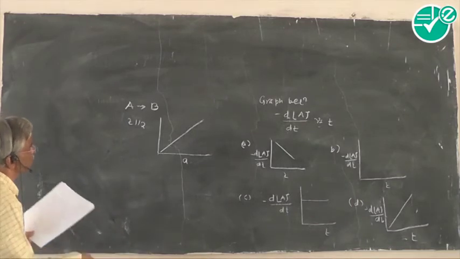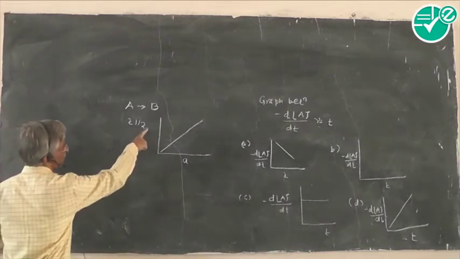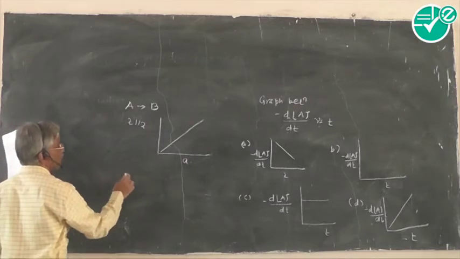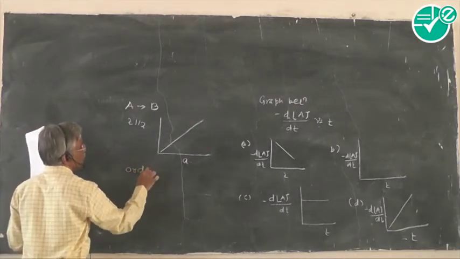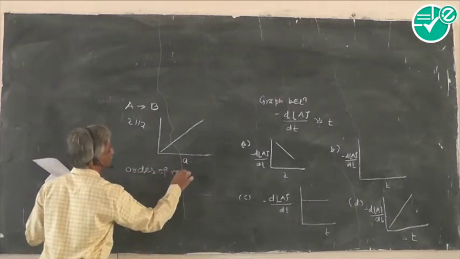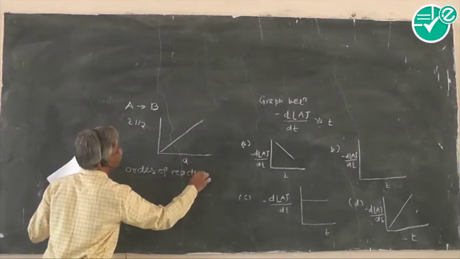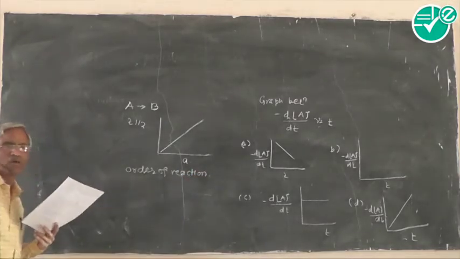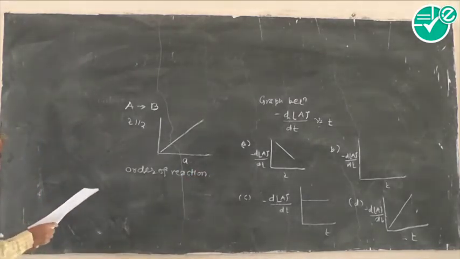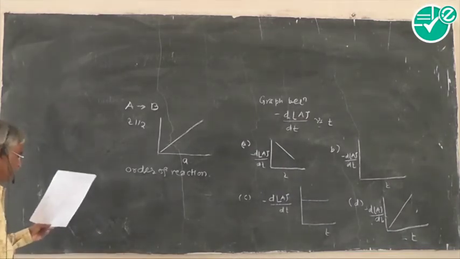For this purpose you have to check the nature of the graph and what it indicates about the order of the reaction. Once we know the order of the reaction, we can know the remaining.